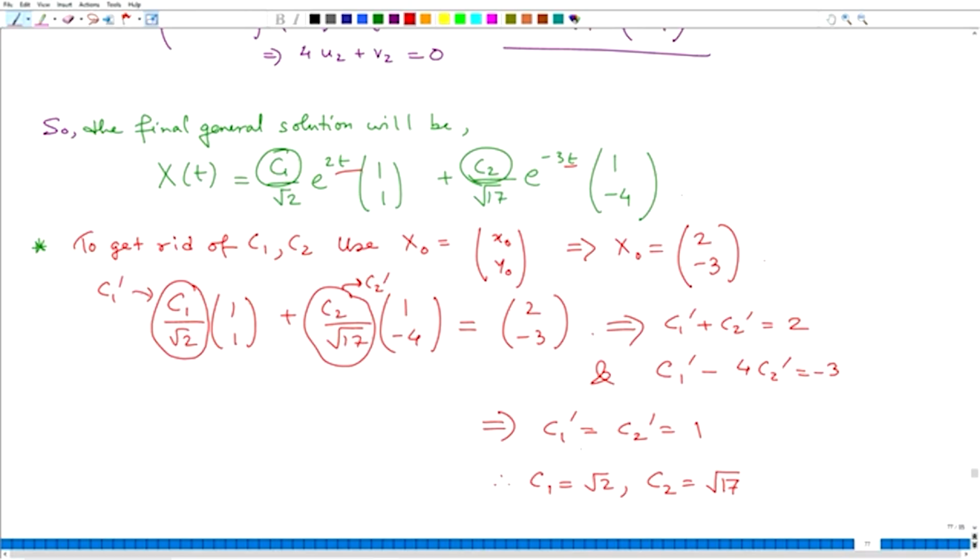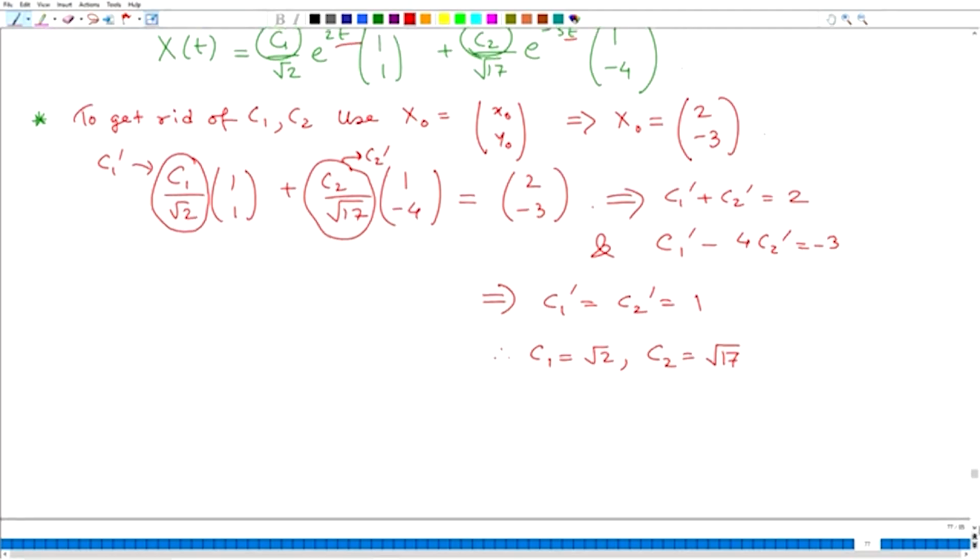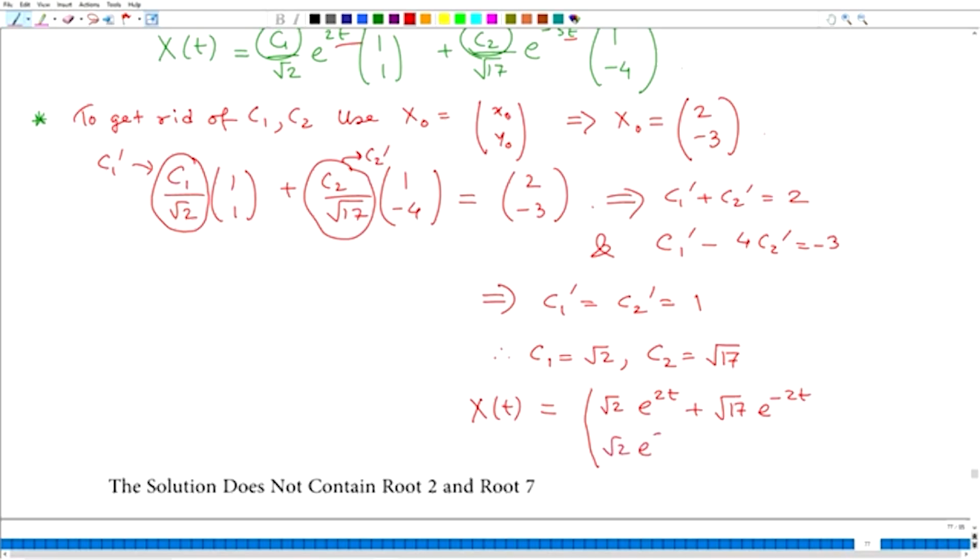With that you can now write the final solution for this dynamics, which is given by x(t) is equal to root 2 e to the power 2t plus root 17 e to the power minus 3t, and then root 2 e to the power 2t minus 4 root 17 e to the power minus 3t.